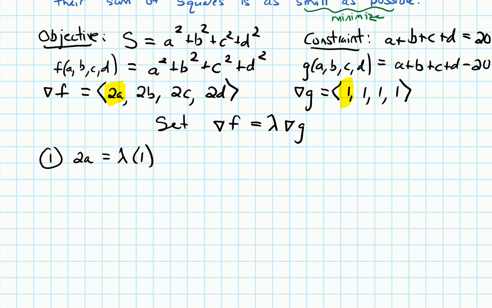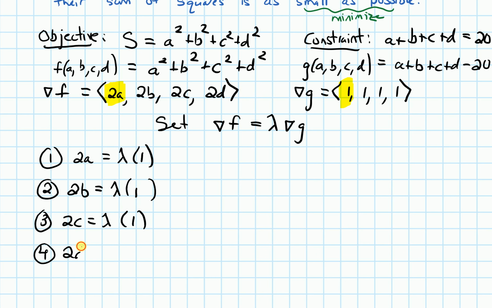Then we do the same thing for the next entries. 2b is going to be equal to lambda times the corresponding component, which is 1 again. Then 2c is equal to lambda times 1, and 2d equals lambda times 1.